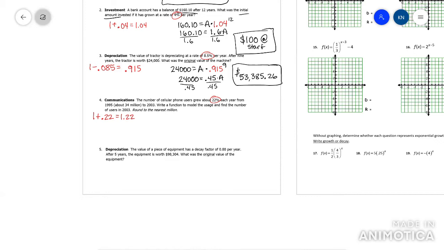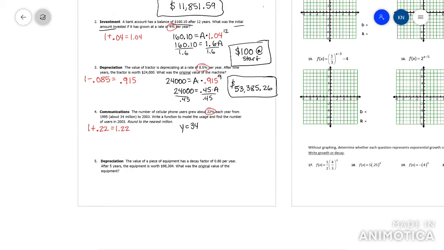All right. So 34 million is your start. Yeah, that's your A value. So you go Y equals 34. We'll just put 34 right now, and then we're dealing in terms of a million. So 34 times that rate, 1.22 to the value of time.